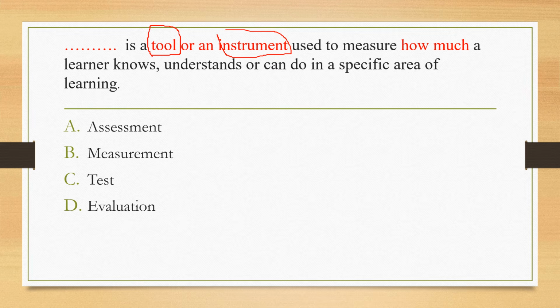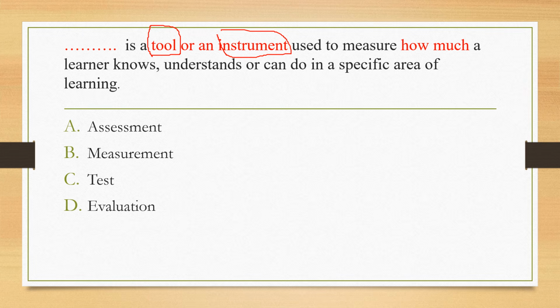And what is the tool or instrument going to be used for? It is going to be used to measure how much a learner has learned or how much a learner knows or understands.